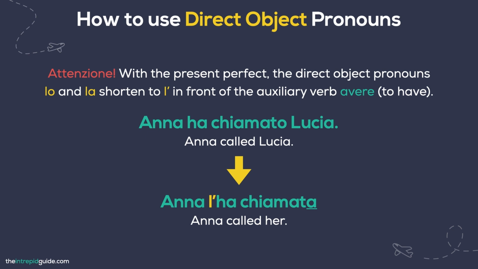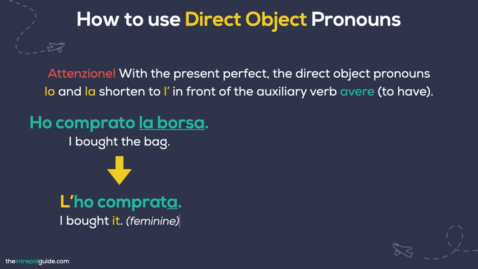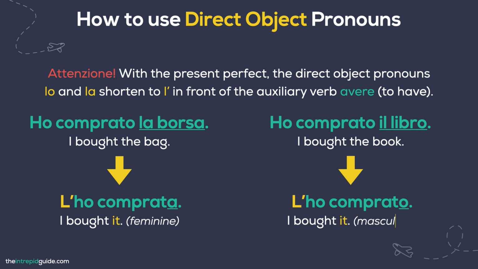Also, with this tense, the ending of the past participle changes according to the gender and number of the direct object pronoun. For example, Ho comprato la borsa becomes L'ho comprata. I bought it, feminine. Or Ho comprato il libro becomes L'ho comprato. I bought it, masculine.